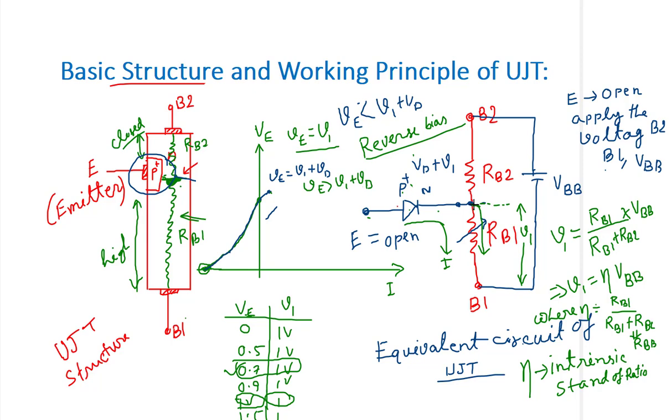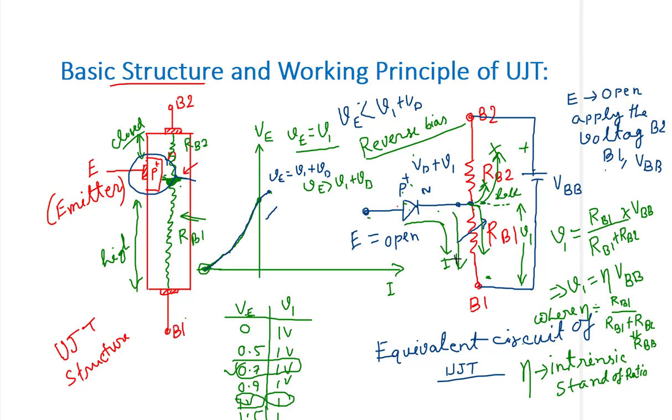The holes also try to move toward base 2, but base 2 is at a positive voltage and the holes are also positive, so there is repulsion and no current flows in this direction. From the emitter junction to the base 2 region no current flows. But the holes of the P emitter region see base 1 as negative, so current flows from the emitter junction to the base 1 junction.